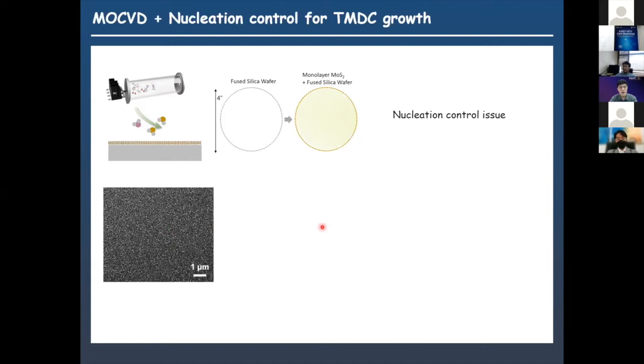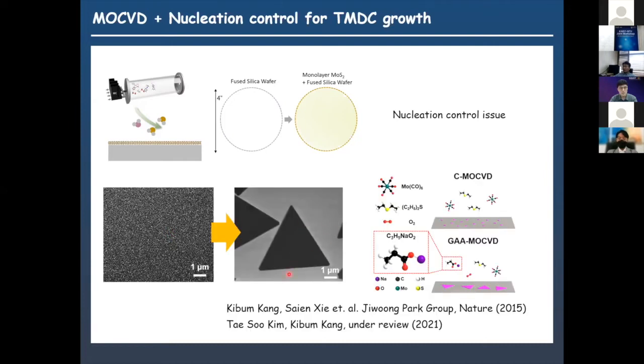Accidentally, we found that alkali metal salt can suppress the nucleation density dramatically and improve the electrical and optical properties. So now the use of alkali metal salt has become quite a general method to control nucleation in the 2D material growth field.